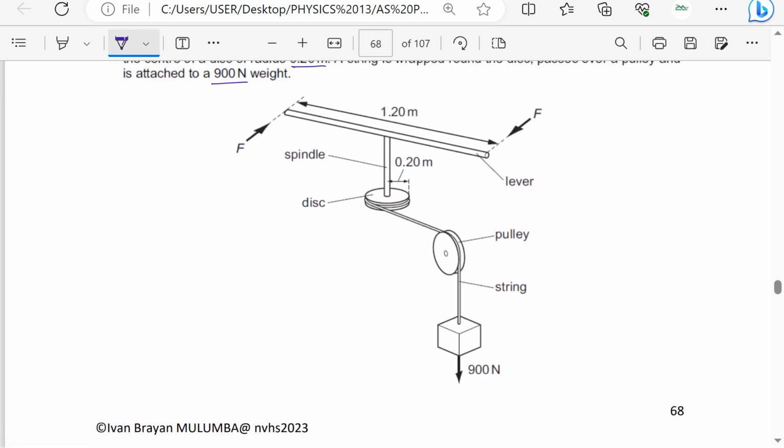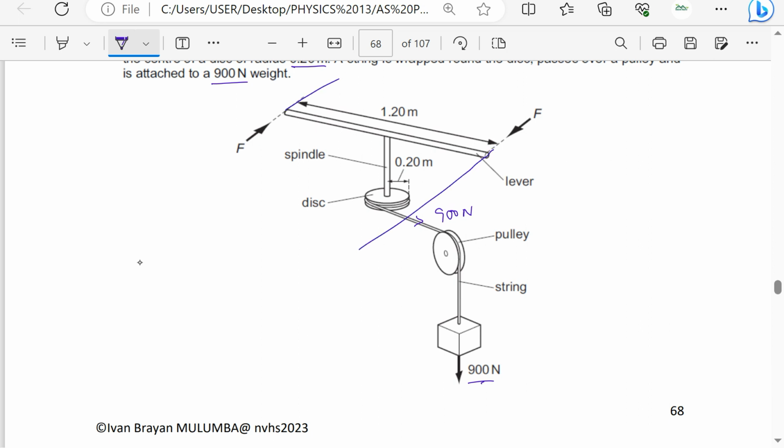So there must be a tension here because this is 900 newtons, so there's tension here which is 900 newtons. So we are going to take a moment. This is constituting a couple.